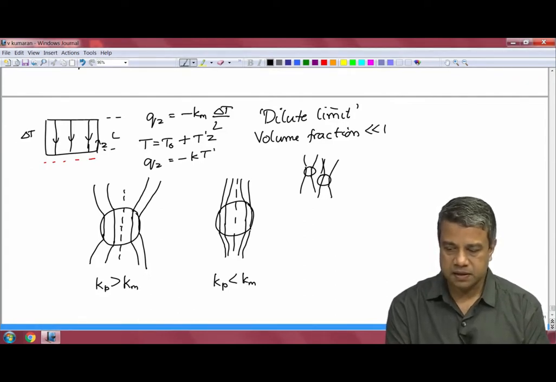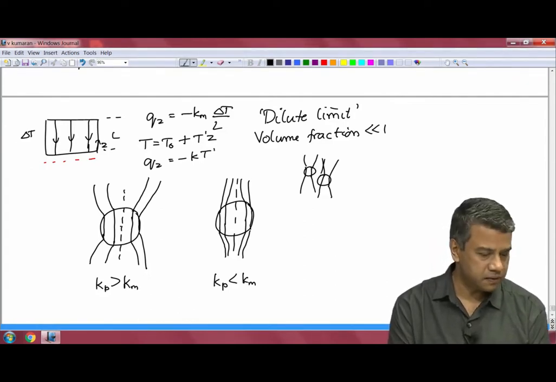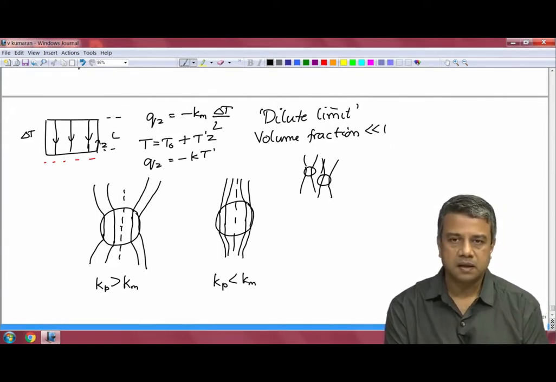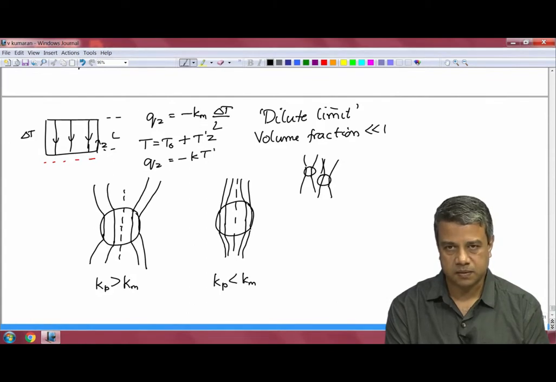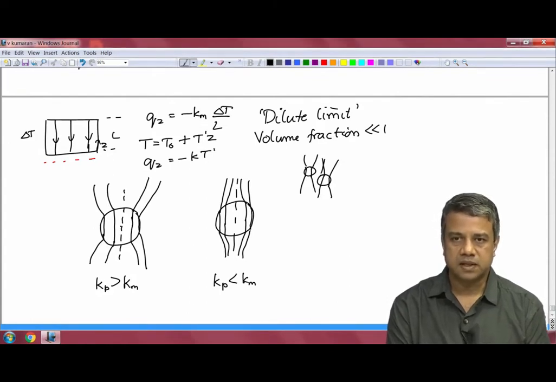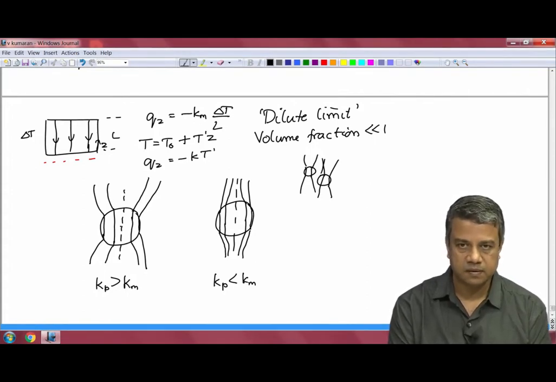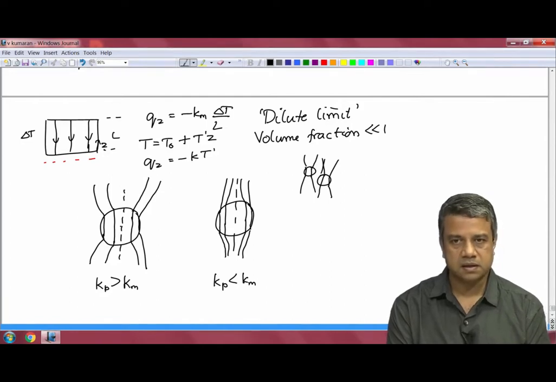And we were considering the dilute limit for very low volume fraction, where the disturbance to the temperature field around one particle does not affect the temperature field around another particle. So, each particle can be considered to be placed in a matrix in which the temperature is a linear function of z far from the particle, and there is a disturbance to the temperature close to the particle.